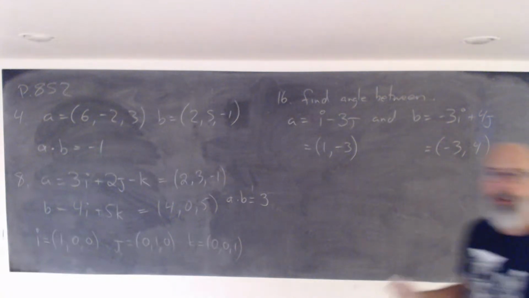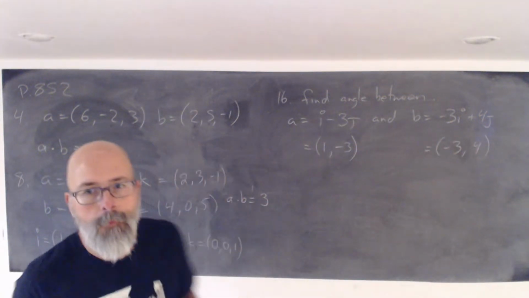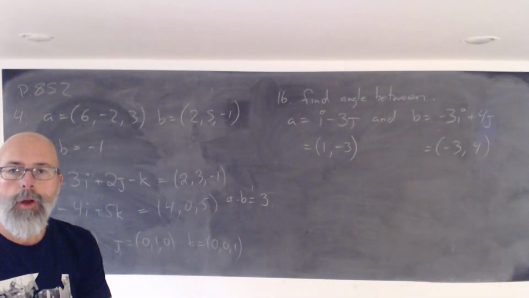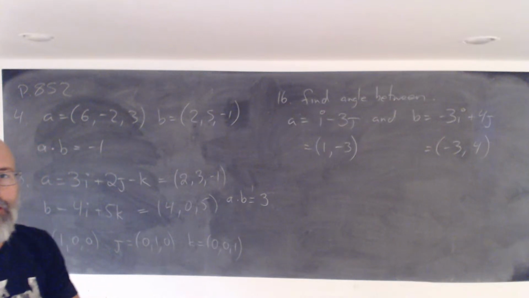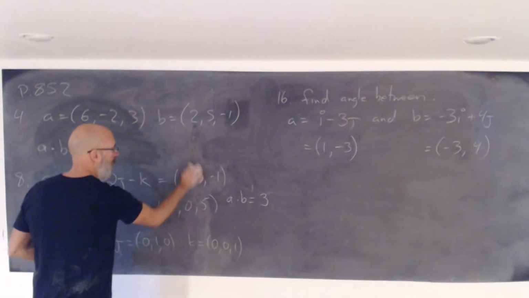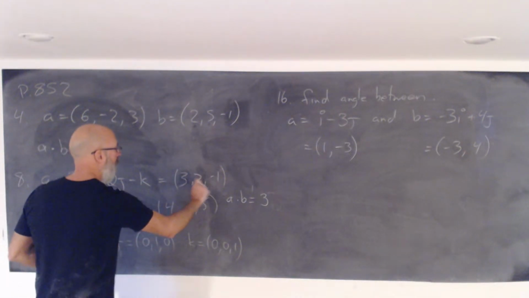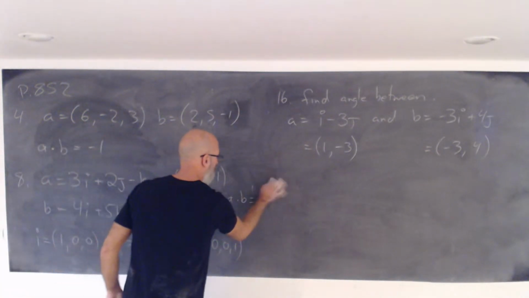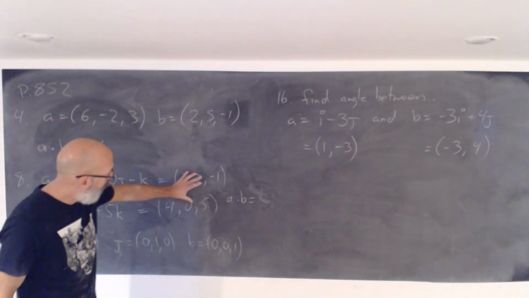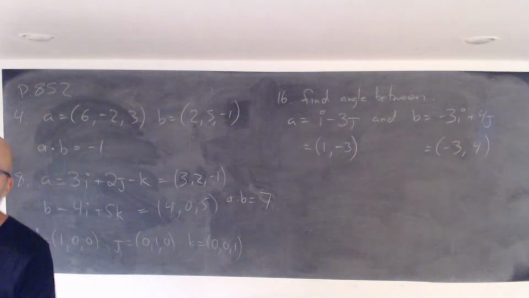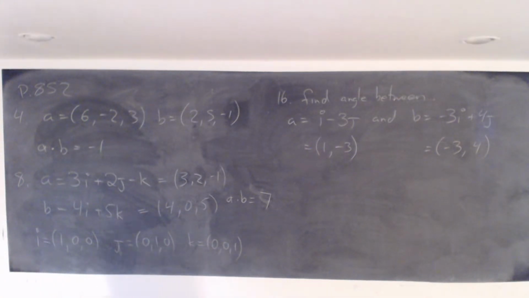We don't know if we're in 3D or 2D. Who knows? Isn't it the other way around? Isn't A 3, 2 minus 1? Yes, it is. Not sure what happened here. 3, 2 minus 1, thank you. And 4, 0, 5. So that changes the dot product. 12 minus 5 is 7, thank you. Absolutely.